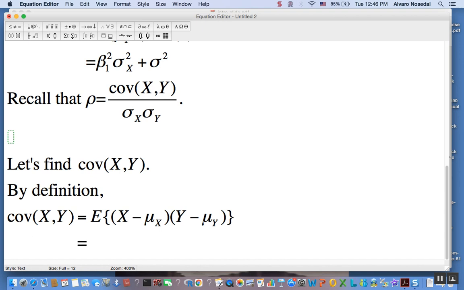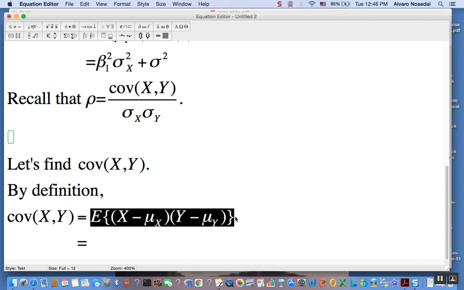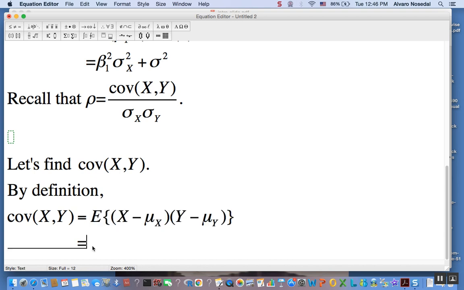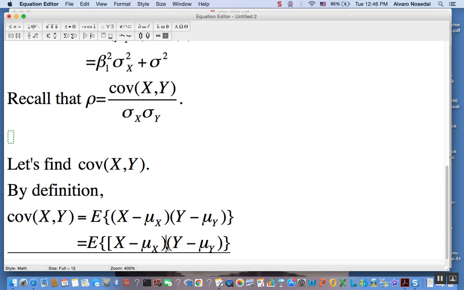Okay. So let's do a little bit of algebra here. What we're going to be doing is plugging in the expression of y here, and we also have the expected value of y. Remember, we obtained that. So let me copy paste that line, and then we're going to substitute for y.